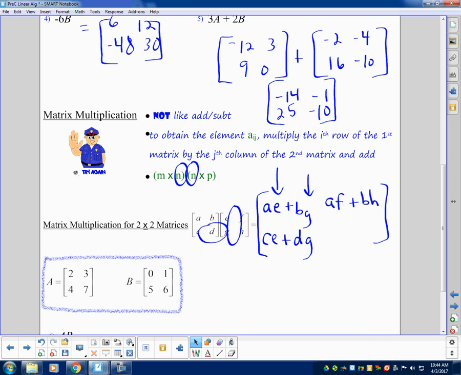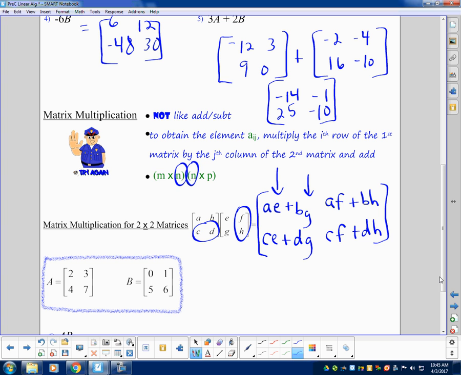Then I'm going to take CD times FH. And this is what I mean when I say it's the same as the dot product. If this was one vector, CD, and the other vector, you'd just write it vertically, and then this one term here would be what you get for the dot product of two vectors. So we have CF plus DH. That's our formula written out for a 2 by 2.